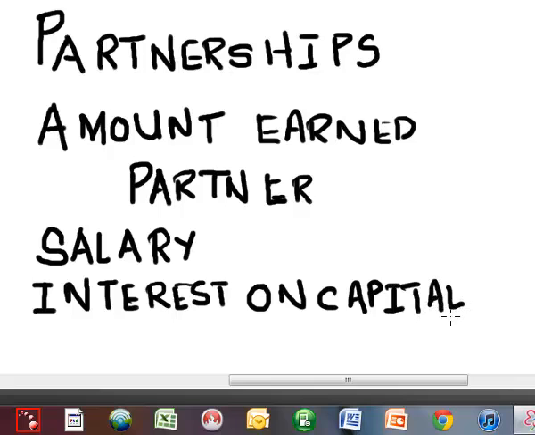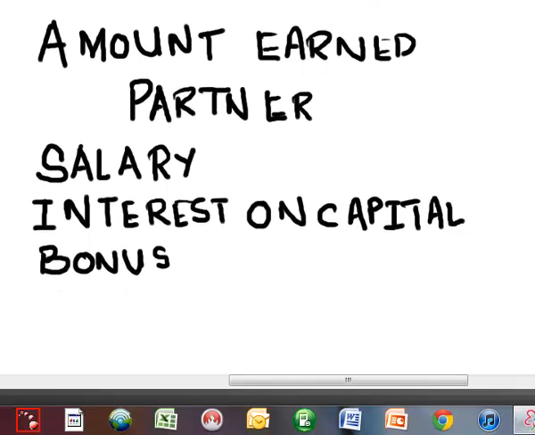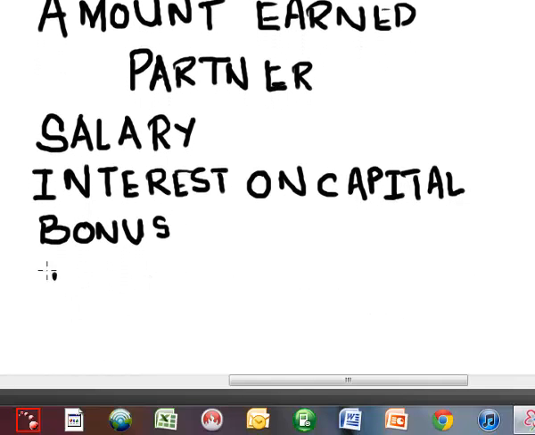Then you would find that the partner may earn a bonus. And finally, the partner would earn the share of the profits.